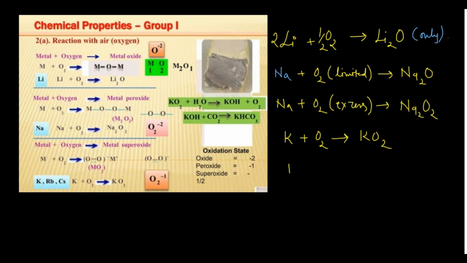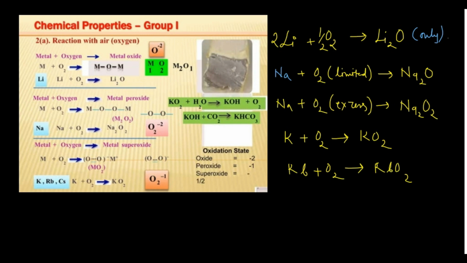Similarly, if you have rubidium, Rb, and you react it with oxygen, it will largely form the superoxides. However, I am not saying that it will only form the superoxide. You will get a mixture along with the superoxide. You will also get the peroxide and the monooxide.